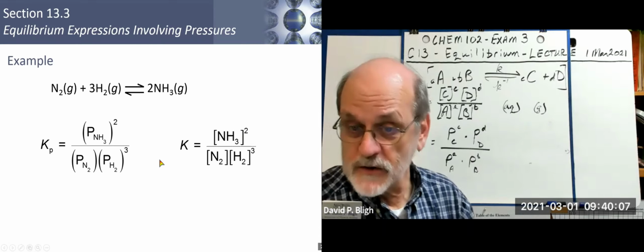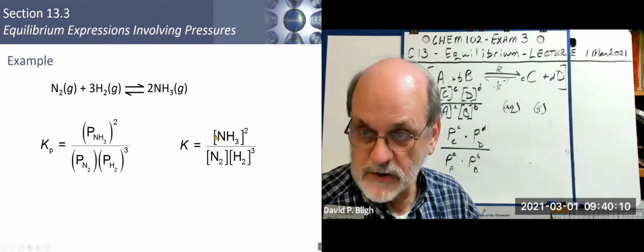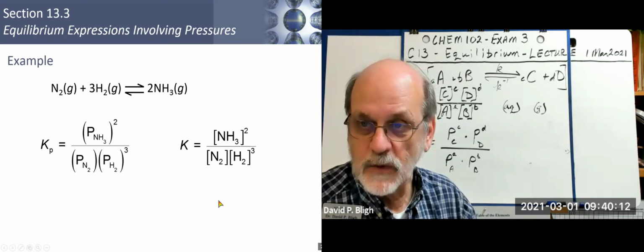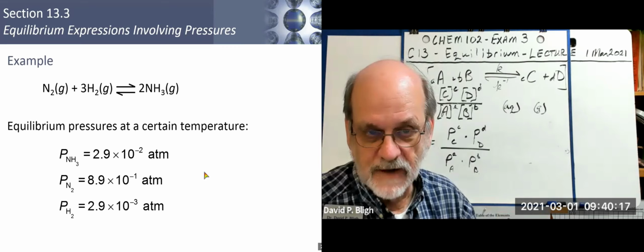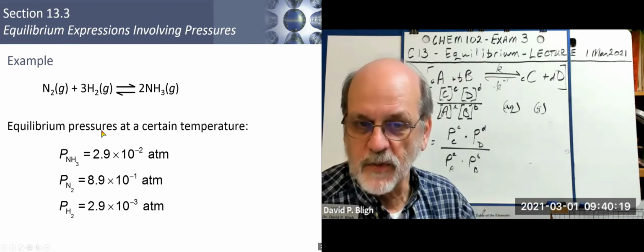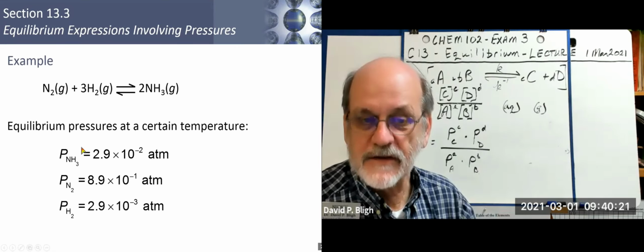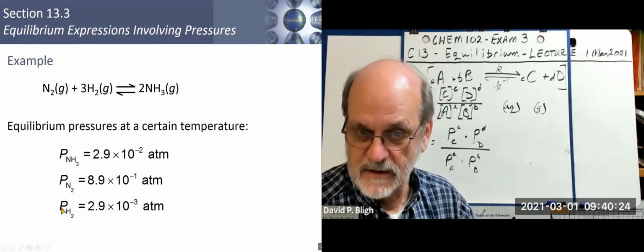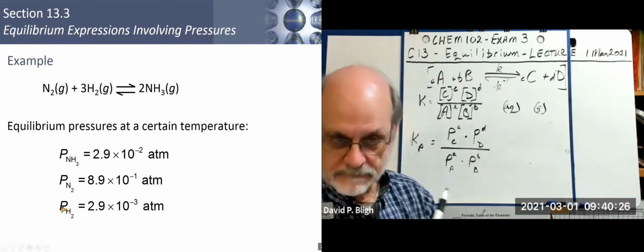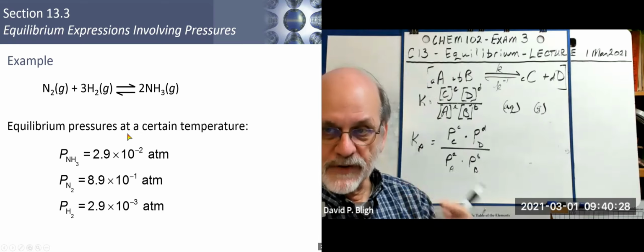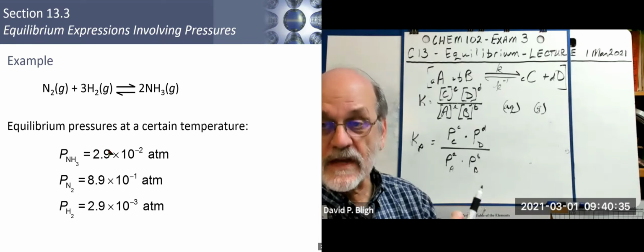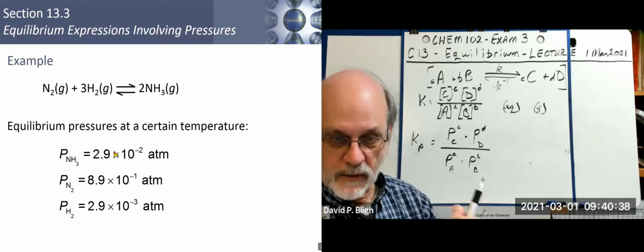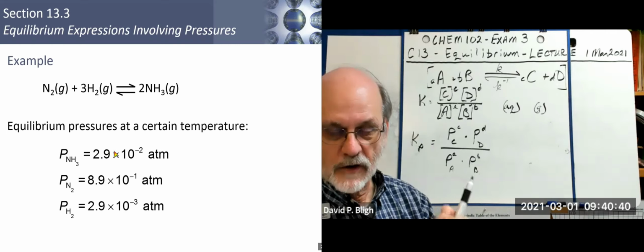Now, if we express those in molarity, we get a different expression here, and we get a different value. The values are related. Right? So if we calculate the equilibrium pressures for these gases, this would be the equilibrium position under these specific beginning concentration values. Now, these are the equilibrium values. This is the equilibrium position under those conditions.